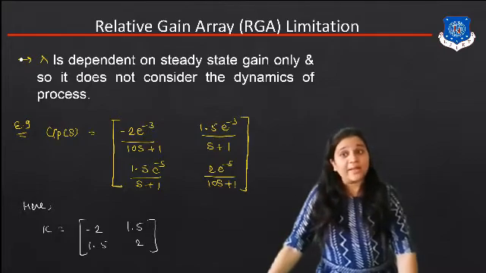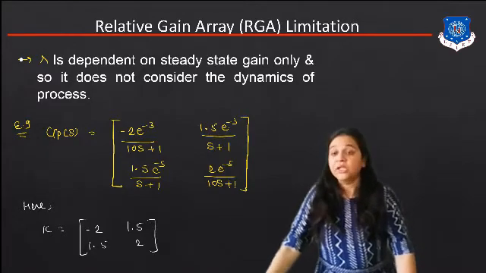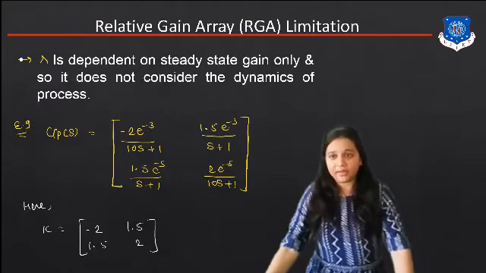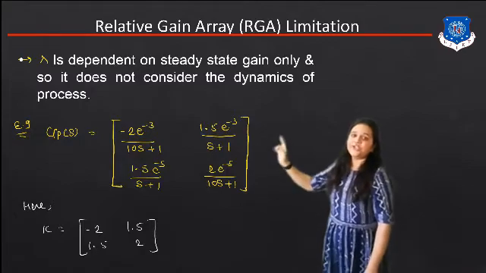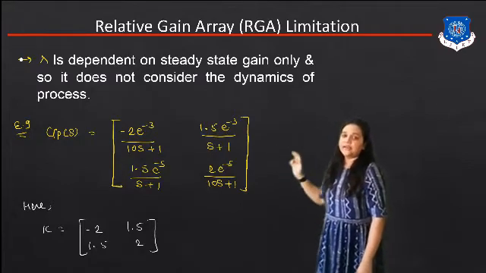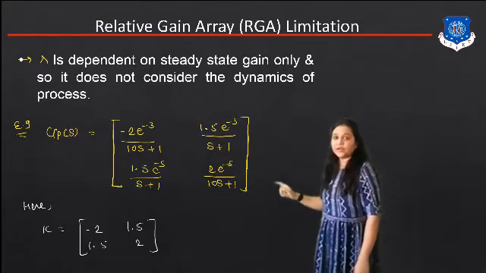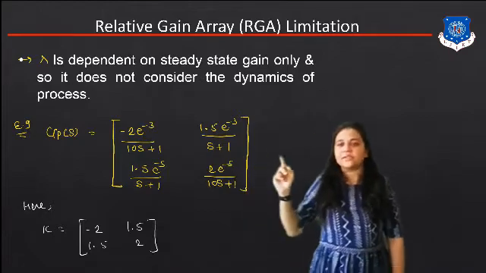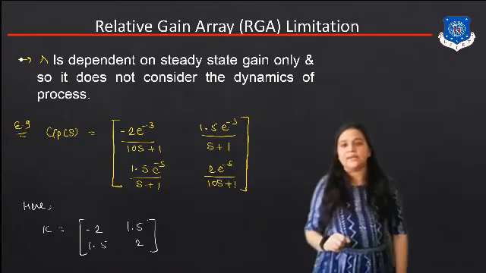Lambda depends on the steady state gain only, so it does not consider the dynamics of the process. Suppose an example is given. The process transfer function is Gp(s) equal to the matrix: minus 2 e raised to minus 3s upon 10s plus 1, 1.5 e raised to minus 3s upon s plus 1, 1.5 e raised to minus s upon s plus 1, and 2 e raised to minus s upon 10s plus 1.